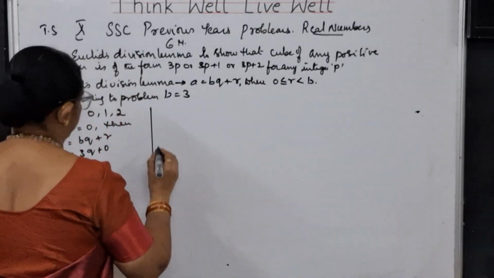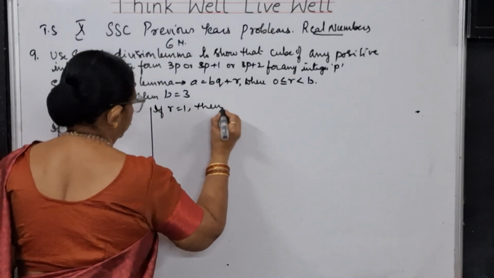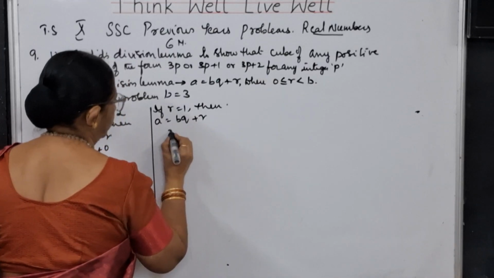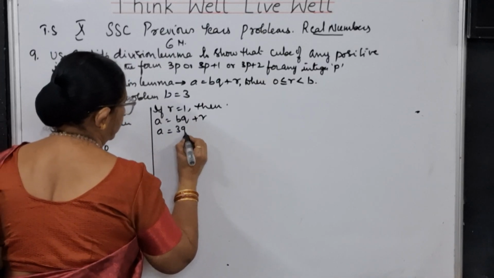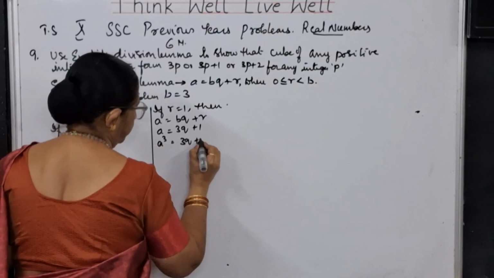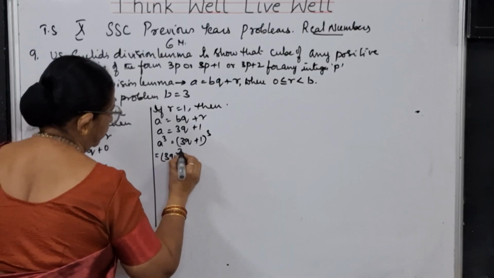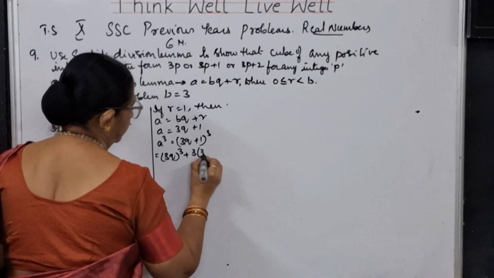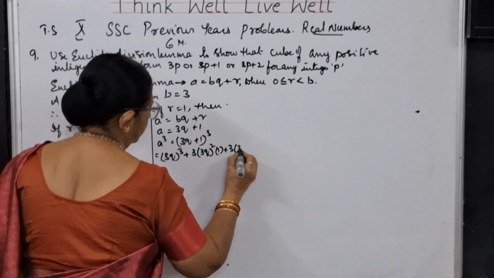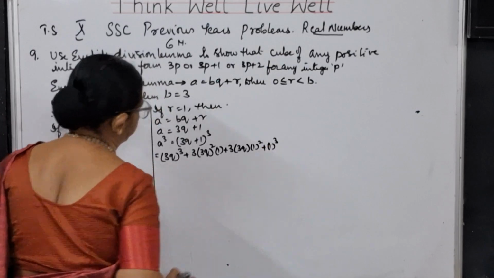Now, if r is equal to 1, then a is equal to bq plus r, a is equal to 3q plus 1. So what is a cube? 3q plus 1 whole cube. a plus b whole cube, that is a cube plus 3 into a square into b plus 3 into a into b square plus b cube.